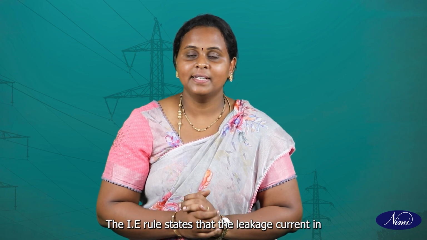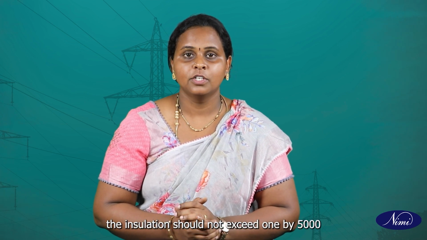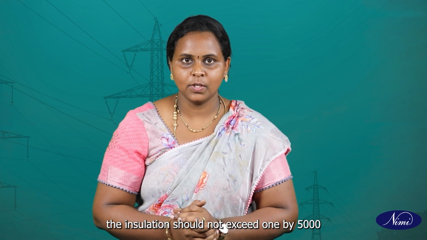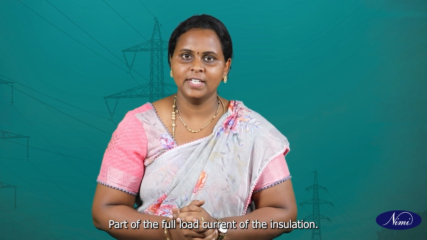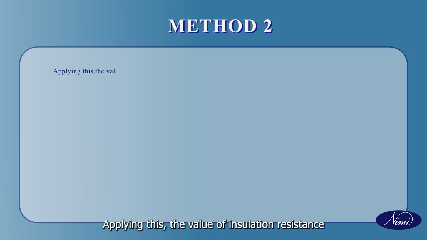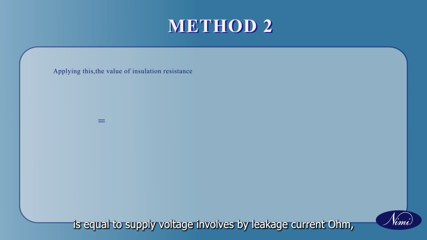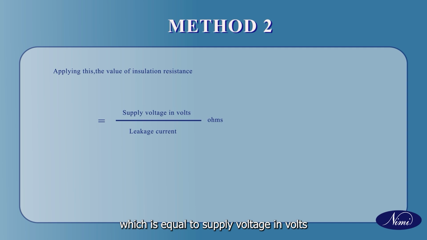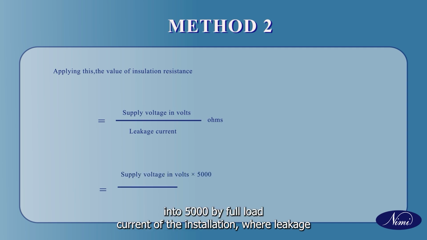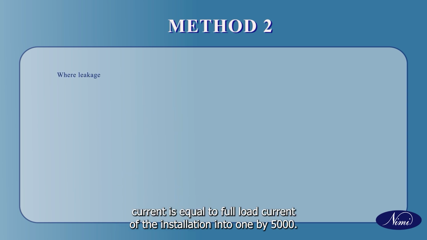Method 2: The IE rule states that the leakage current in the insulation should not exceed 1 by 5000 part of the full load current of the installation. Applying this, the insulation resistance is equal to supply voltage in volts by leakage current, in ohms, which is equal to supply voltage in volts into 5000 by full load current of the installation, where leakage current is equal to full load current of the installation into 1 by 5000.